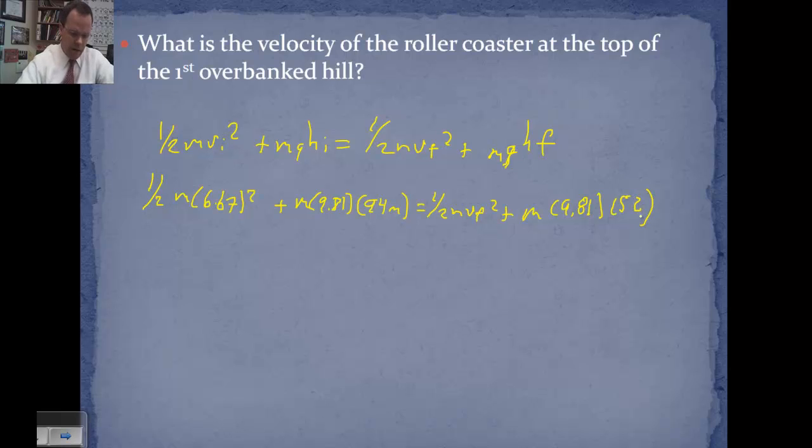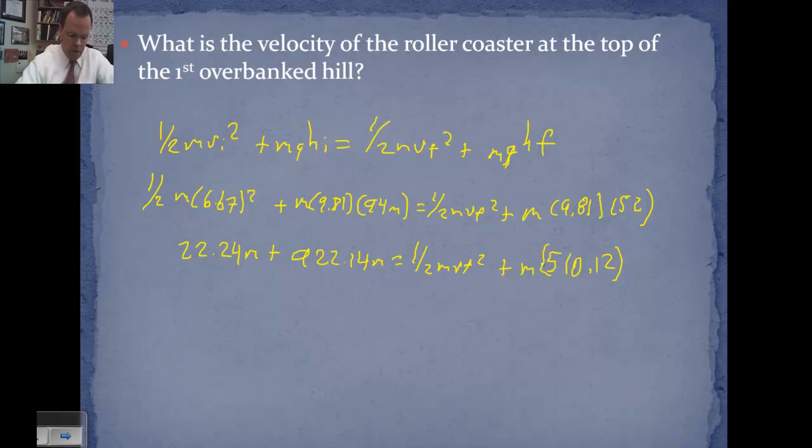So 6.67 squared times 0.5, once again, 22.24 m plus 94 times 9.81, 922.14 m equals 1/2 mv final squared plus m times 52 times 9.81, which is 510.12.